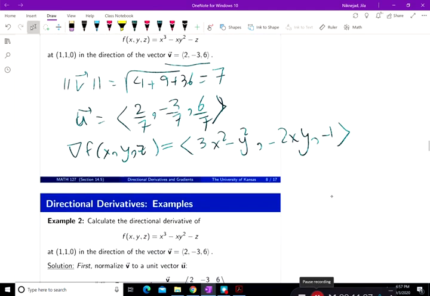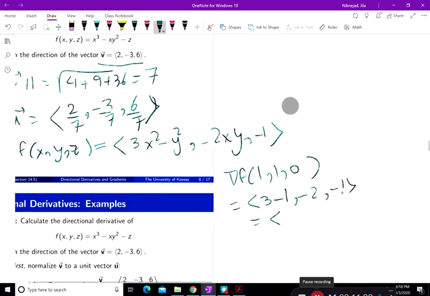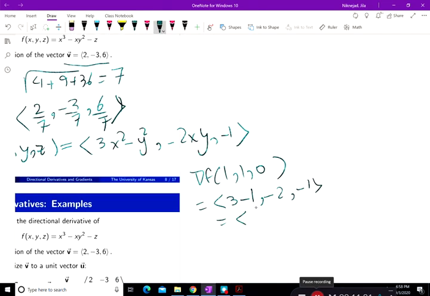Now find the gradient vector at the point given, plugging in 1 for x and 1 for y. The gradient vector at that point is equal to (2, -2, -1).